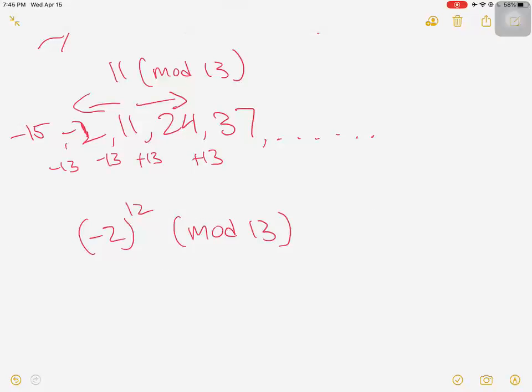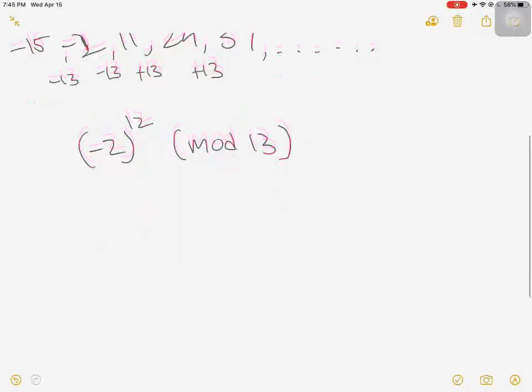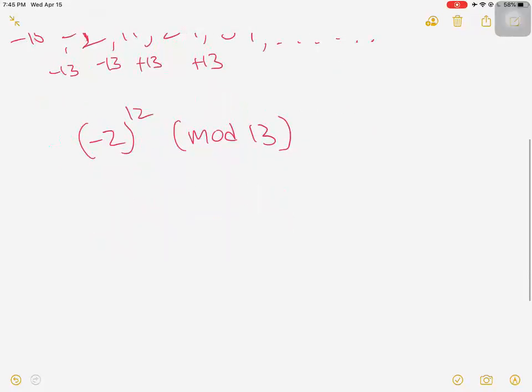Okay? So since 2 is a small base, and 12 isn't that big, we can just compute this value. Negative 2 to the 12 is just equal to 4096.